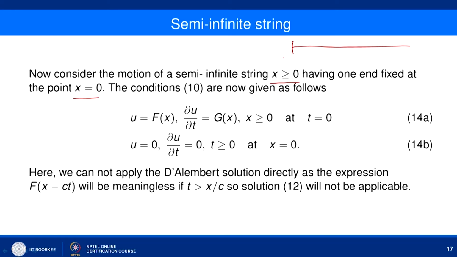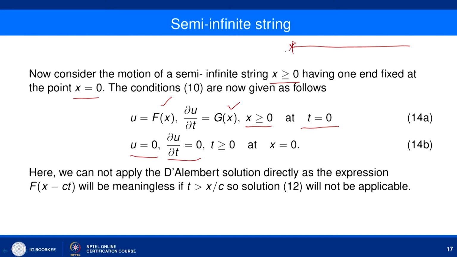Now, the initial and boundary conditions are given like this: the initial shape is u equal to f of x, and the initial velocity ∂u/∂t is given as g of x, for x greater than or equal to 0 at t equal to 0. Since one end is fixed at x equal to 0, we also introduce a boundary condition: at x equal to 0, u is equal to 0 and ∂u/∂t is also 0, for t greater than or equal to 0.